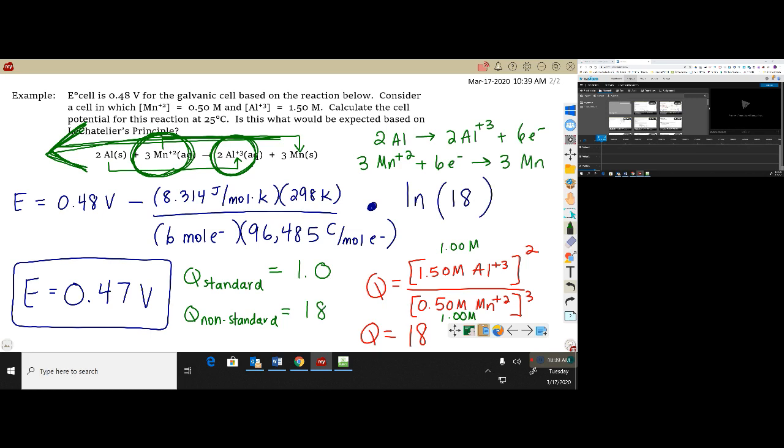Now, this reminds me back in the day when we were talking about Q versus K. I'm not going to officially say K, the equilibrium constant, because we don't know that. We're calculating Q, which is just using the conditions that we have. But we don't have equilibrium constants here. But for any standard cell, Q is going to be 1.